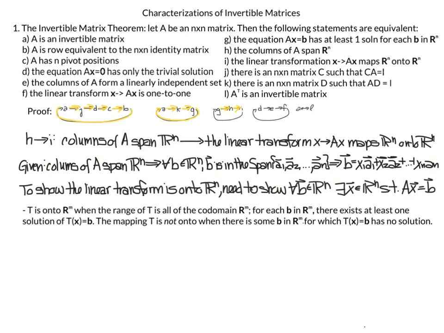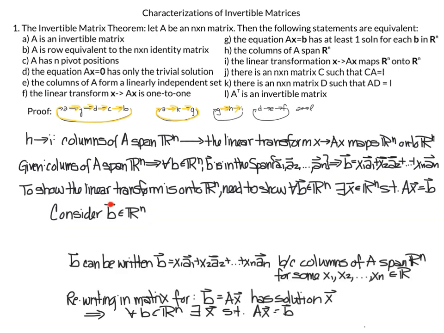And I'm getting this simply from the definition of onto when we talked about that in the previous video, which said for each B there exists at least one solution of Tx equals B. So we want to consider an arbitrary B in Rn, and we know since the column vectors of A span Rn, then B should be able to be written as a linear combination of the column vectors of A. Then rewriting this in matrix form, we have B equals AX.